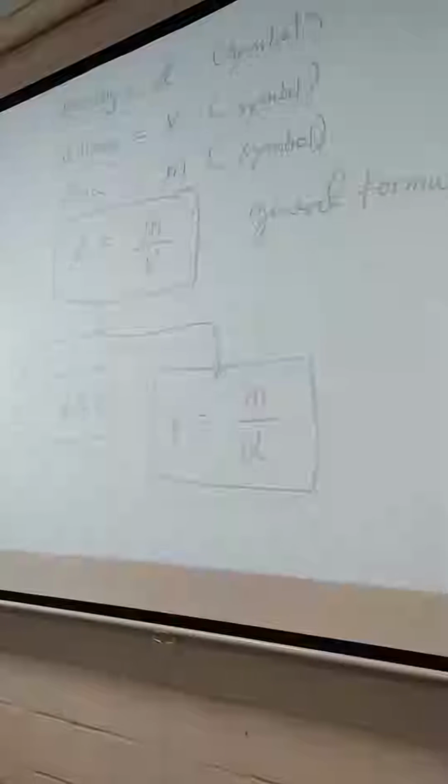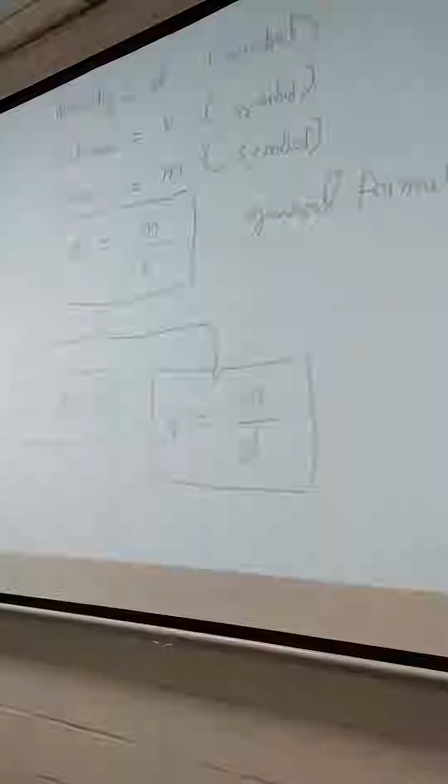So we have two sub-formulas from the main general formula. And it has to be always given at specified temperature. All this calculation has to be at specified temperature. It's very important to get the temperature.